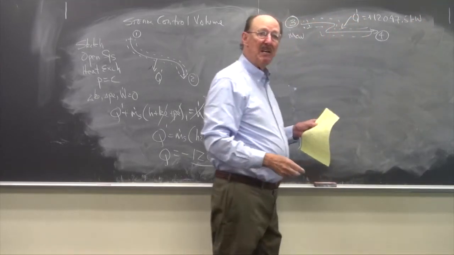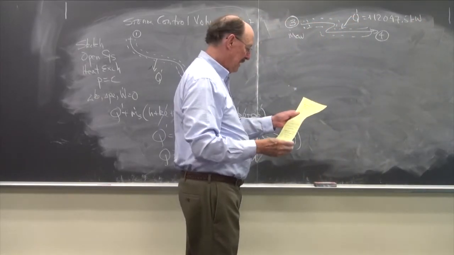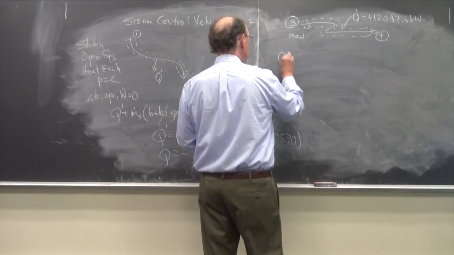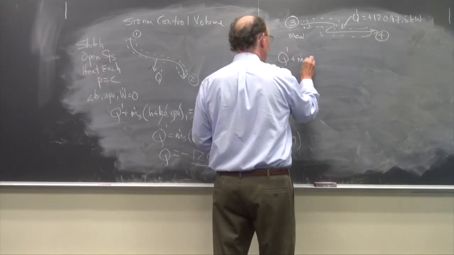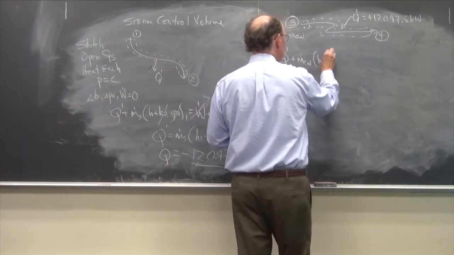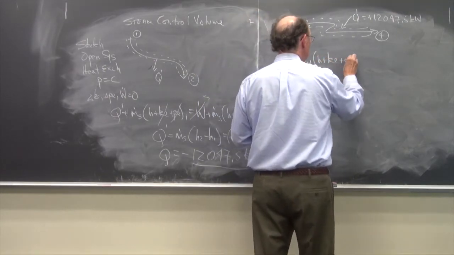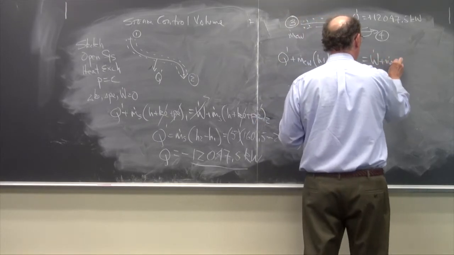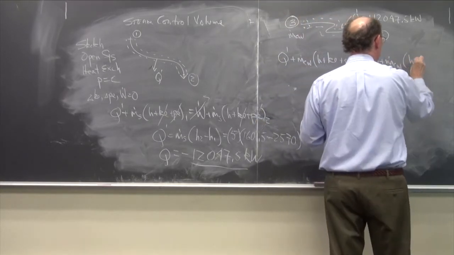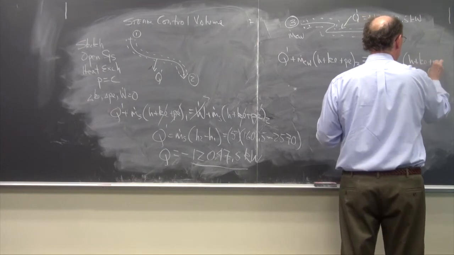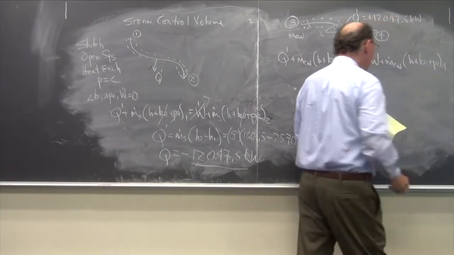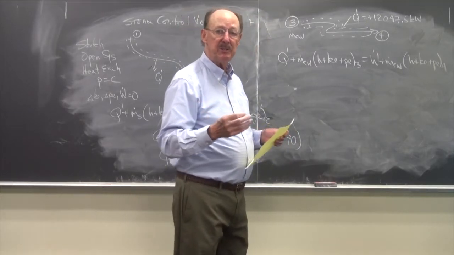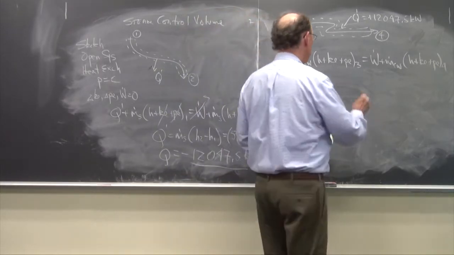Now I do a similar first law analysis to before. I have Q dot plus m dot cooling water times (h plus KE plus PE)3 is equal to W dot plus m dot cooling water times (h plus KE plus PE)4. Again, the changes of kinetic and potential energy are 0, and the work is 0, so we get rid of those terms.